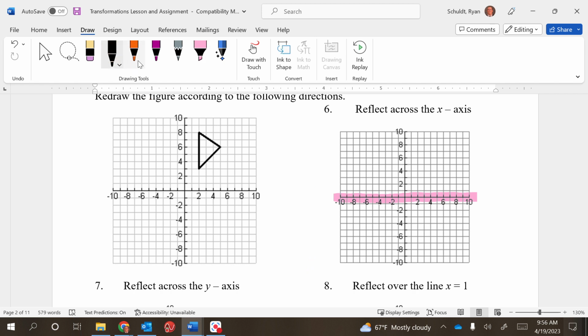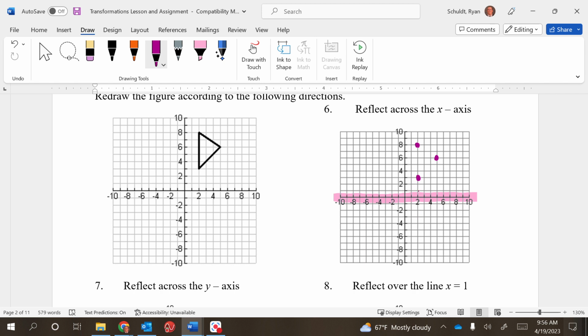So if I put the original one up here, which I'm going to erase once we draw it, the original one is at 2, 3, and then 2, 8, and then 5, 6. Those are my original dots. I want to reflect it over the x-axis.